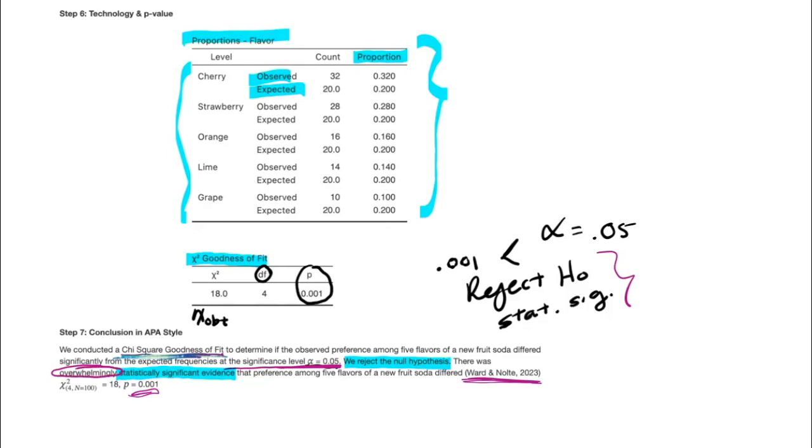And what were we doing? Well, basically we were comparing these 5 categories. The assumption was that they were expected to be the same, like the proportions were the same for all the flavors. But we rejected that null hypothesis.